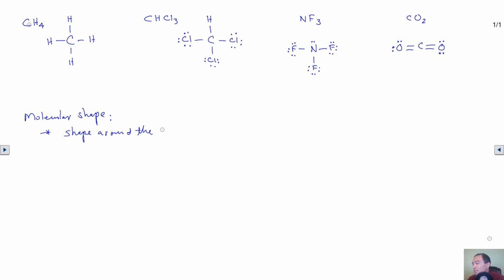Okay, so usually the shape is the shape surrounding the center atom. Second, we need to figure out the number of electron groups surrounding the center atom. We can just use EG. Sometimes it's also called a steric number.